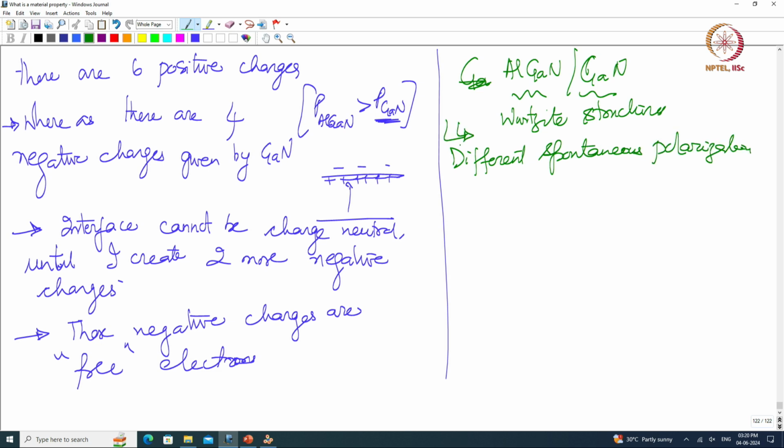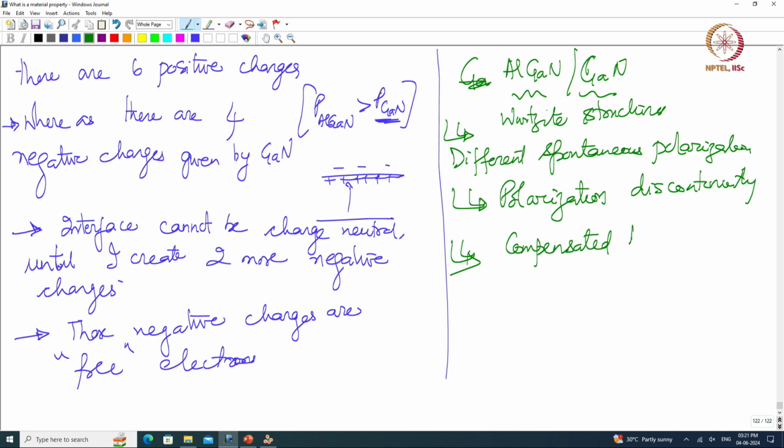So, then I am going to create what is called a polarization discontinuity, which, given the band structure of AlGaN-GaN, is compensated by free electrons. Okay.